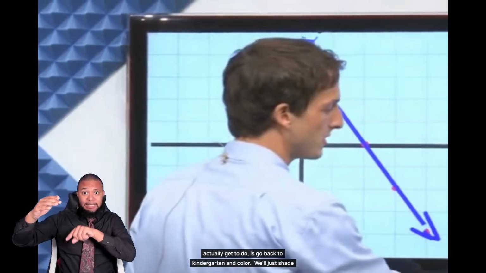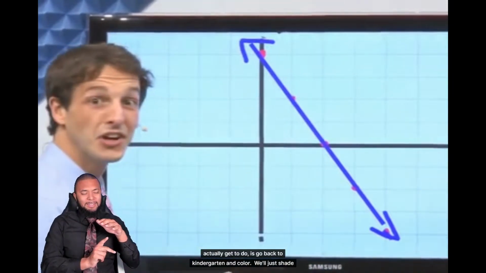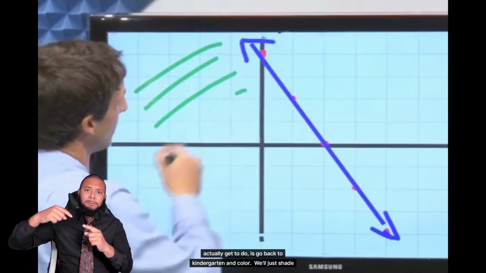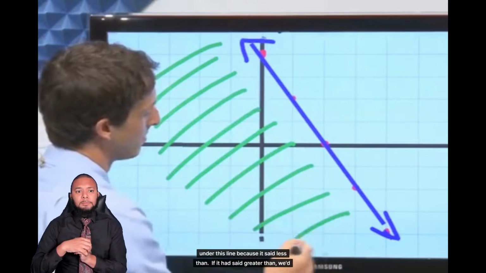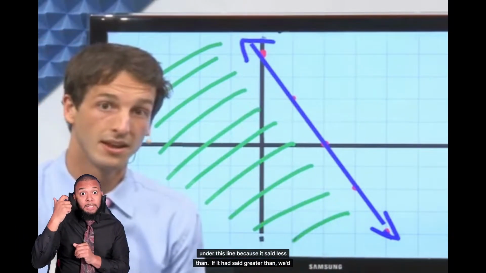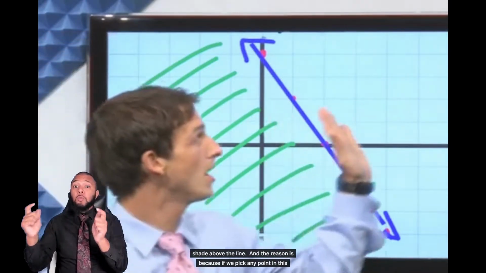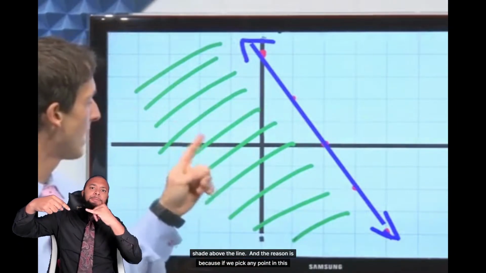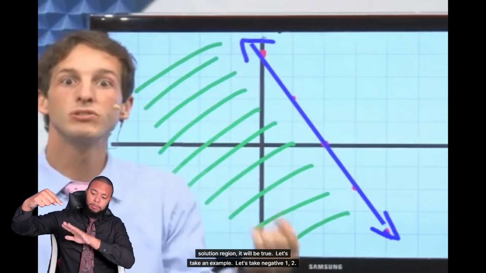So what we actually get to do is go back to kindergarten and color. We'll just shade under this line because it said less than. If it had said greater than, we'd shade above the line. And the reason is because if we pick any point in this solution region, it will be true.